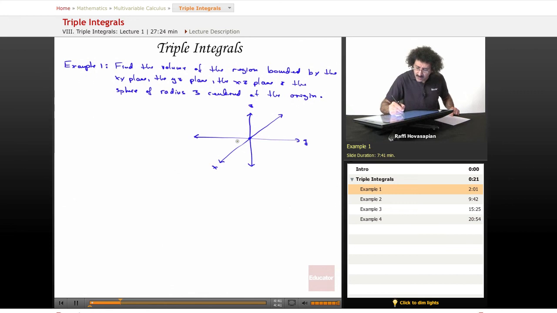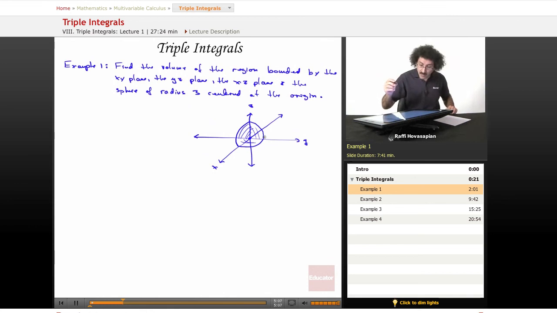Well, from the origin, if I have a sphere of radius 3, I'm going to have that, and then that, and then that. So basically, it's the portion of the sphere only in the first octant of 3-dimensional space. That's my particular region. That's the region that I'm looking at, this sphere in the first octant.